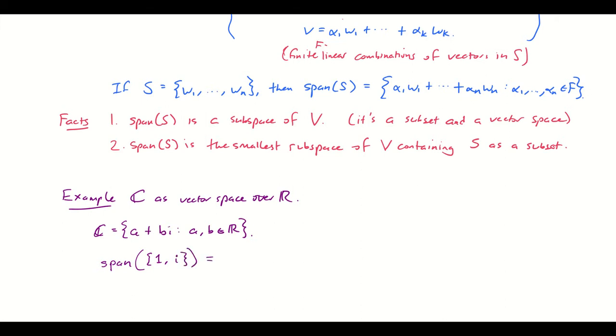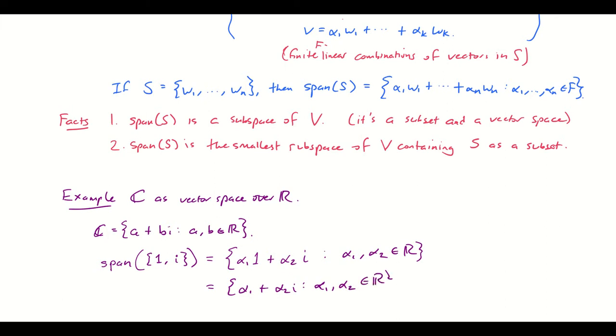Okay, well that's going to be the set of all elements of the form, let's call them alpha 1 times 1 plus alpha 2 times i, where alpha 1 and alpha 2 come from the scalar field, which is R. Okay, but what is that really? That's really just the set of all alpha 1 plus alpha 2 i, where alpha 1 and alpha 2 are real numbers.